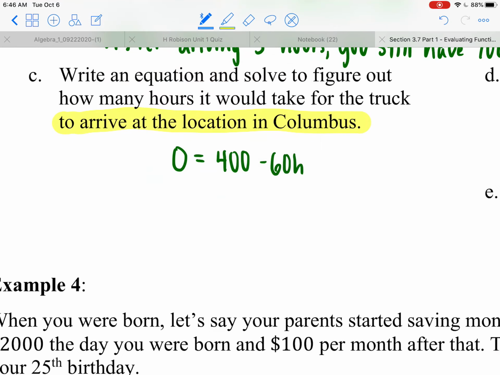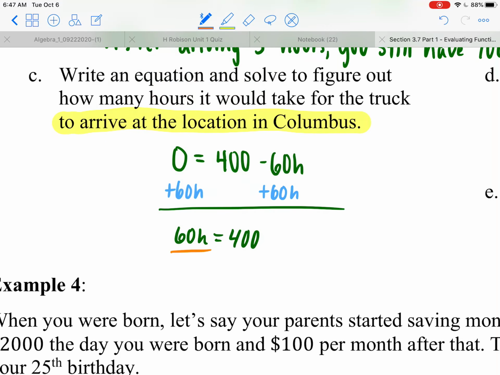And then you can solve from here. So if it was me, I would personally add 60h to both sides. So you get 60h is equal to 400. And then you can divide by 60 on both sides. So you get that h is equal to whatever 400 over 60 is.